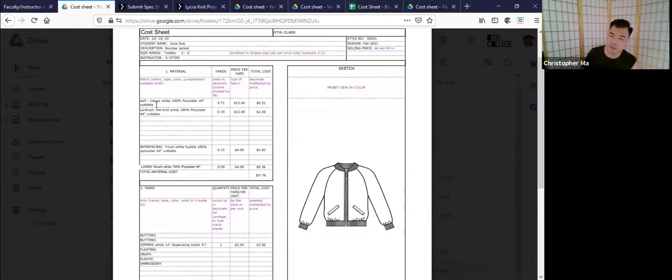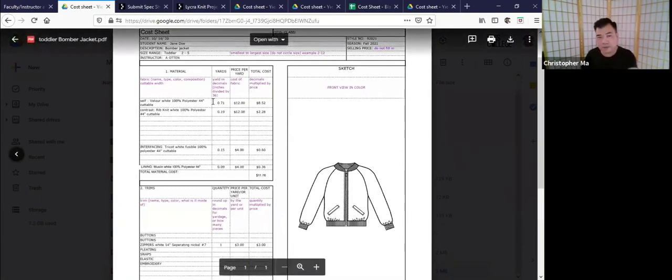So the toddler jacket, it's made of velour. Yours will be Ponte. Color is white. Yours will be gray, charcoal gray, or black, or whatever it is that you use. 100% polyester and 44 inches cuttable. Okay, now sort of make a little more sense.